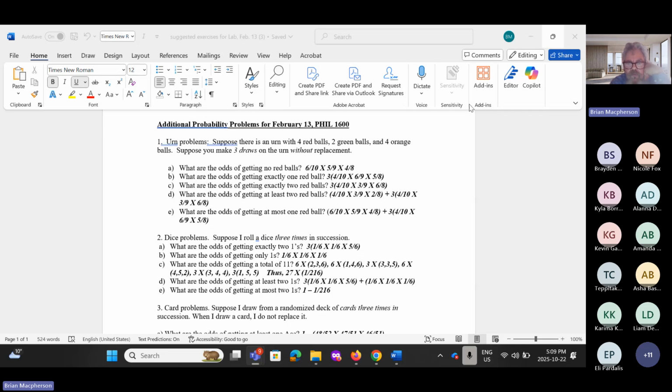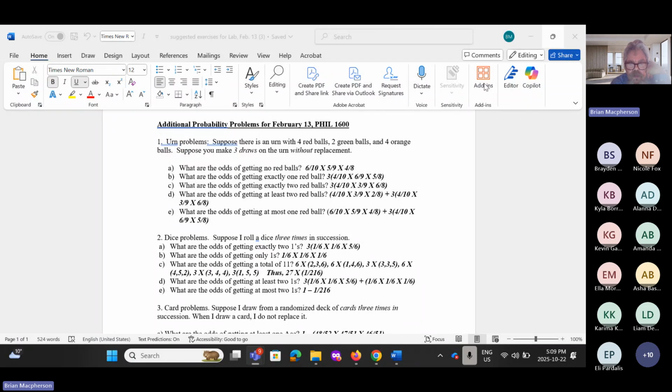So that means 4 out of 10 times 3 out of 9 times 2 out of 8, for all red balls. And the other part, 3 times 4 out of 10 times 3 out of 9 times 6 out of 8, that's the chance of getting exactly 2 red, okay?